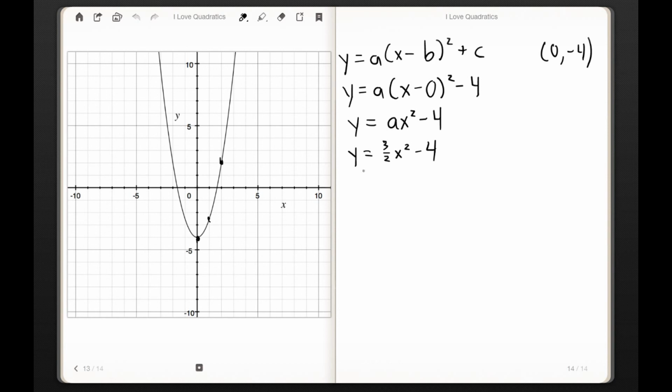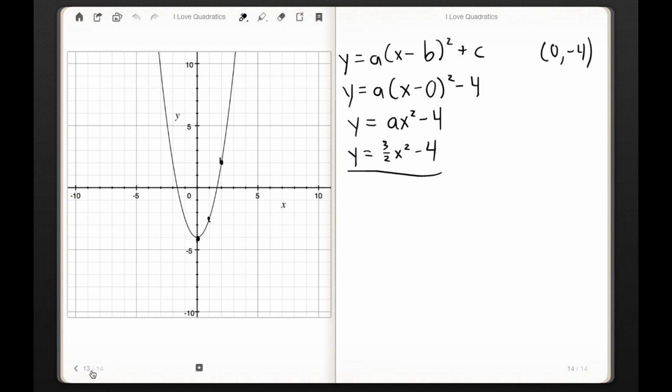And this is also in standard form, because we have ax squared, there is no b, so there's no bx, and minus c of 4. So this is the standard form and the vertex form.